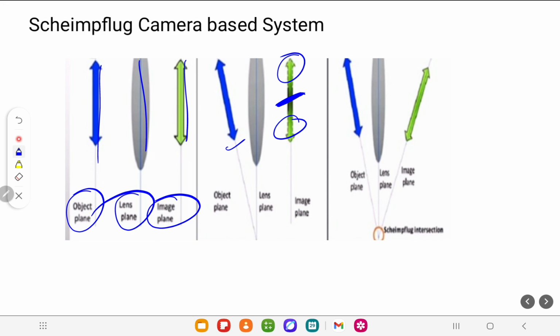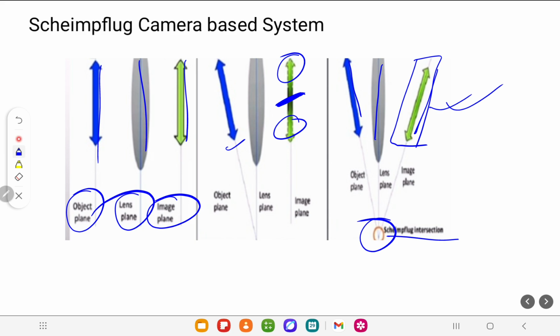That's why the image is not good. But what we want from the camera is that the object plane, lens plane, and image plane intersect at some point. That point is called the Scheimpflug intersection. At that particular point, see, this image in green is always good, isn't it? So all the points are focused there. So that's how the Scheimpflug camera works.